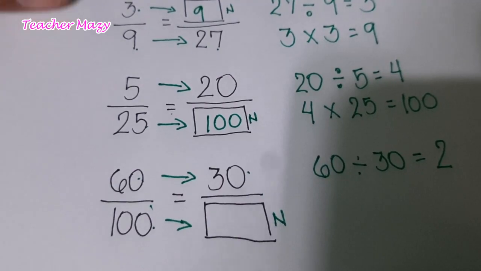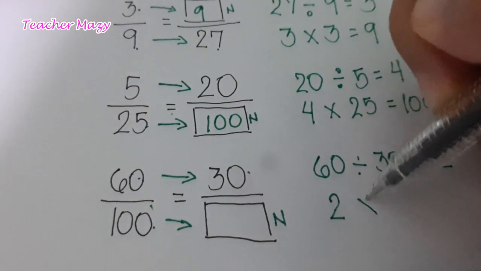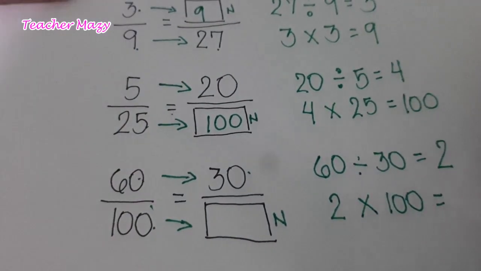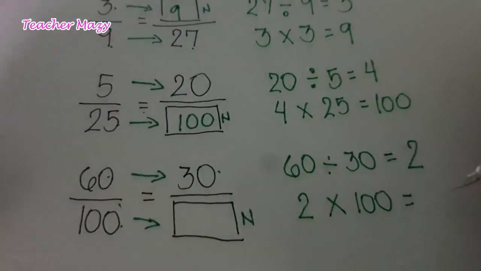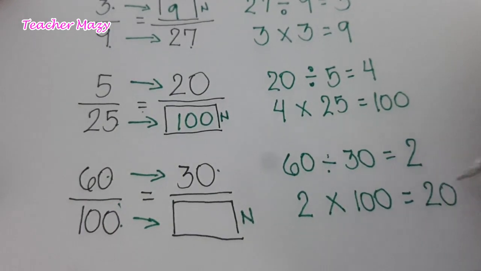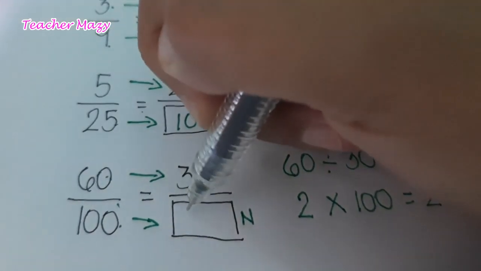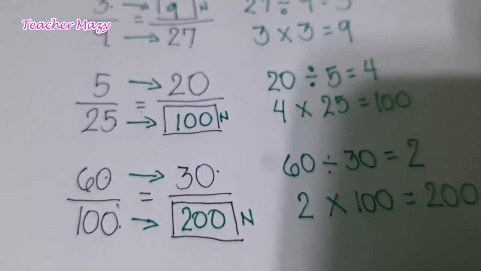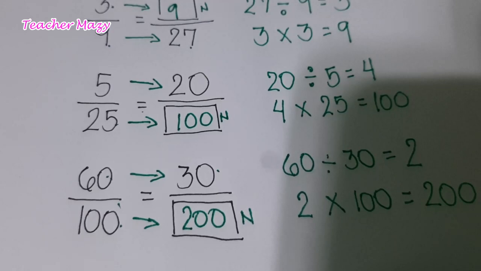Now let's multiply 2 times 100, which is equal to 200. So that means our missing term here is 200. That is the first method that you can use to find the missing term in a proportion.